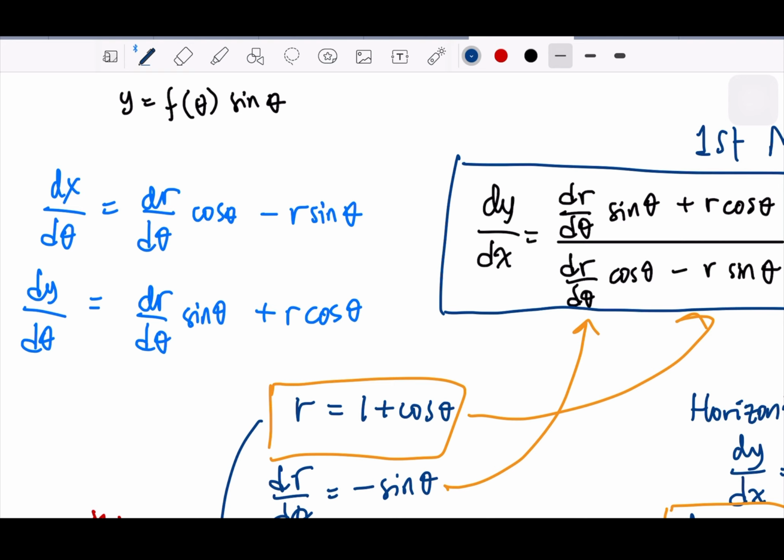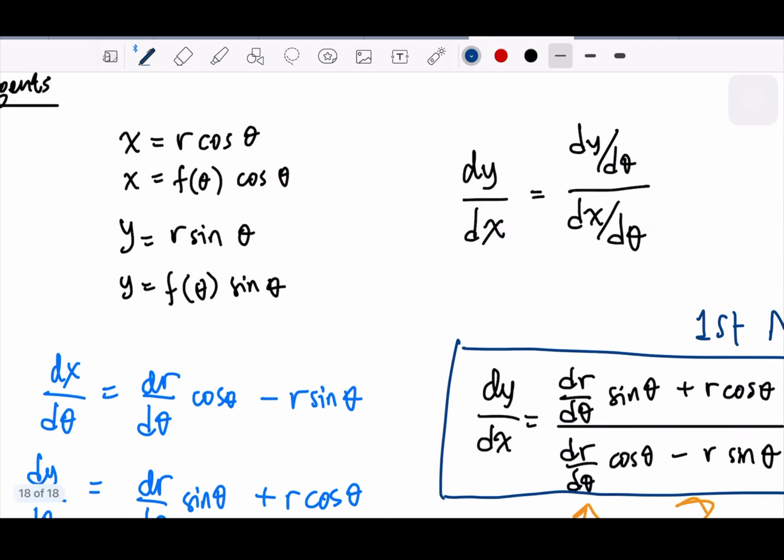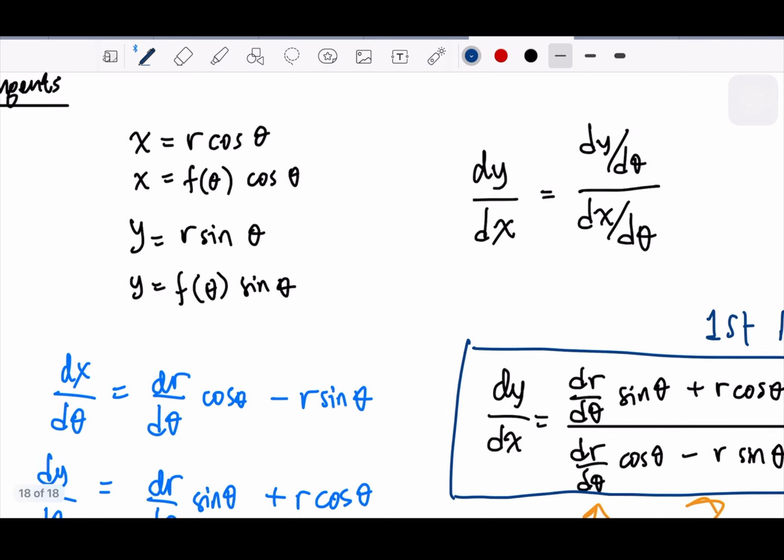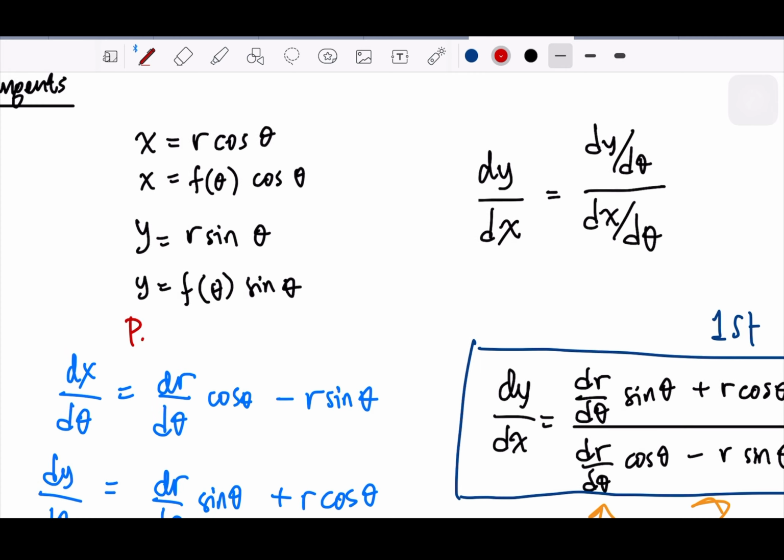I mean, if you know how to convert the x and y into r cosine theta and r sine theta, then you can put in the equation and derive each one of these. You can derive using the product rule, or maybe I'll write the product rule. So in case you wonder how that happened, this is the product rule.